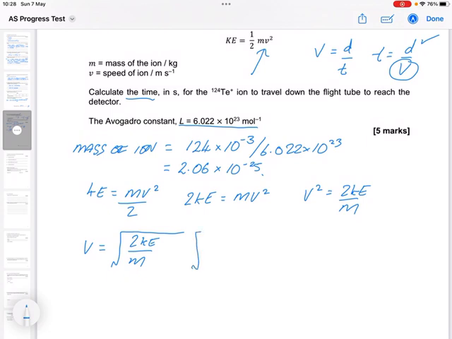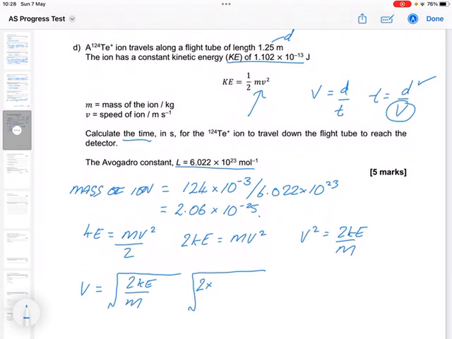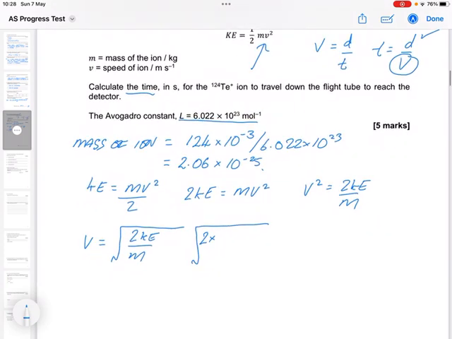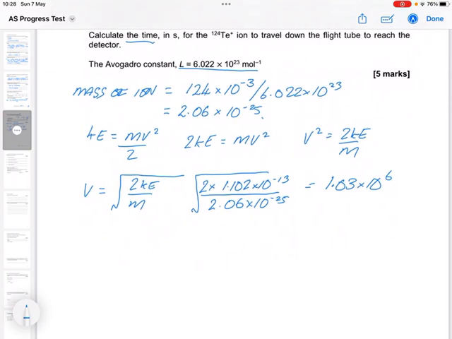So that's the square root of 2 times, the kinetic energy is in the question, 1.102 times 10 to the minus 13, all divided by the mass, which I worked out earlier, 2.06 times 10 to the minus 25. And if I work that out, v comes out at 1.03 times 10 to the 6.